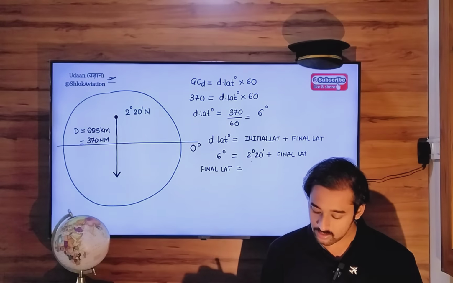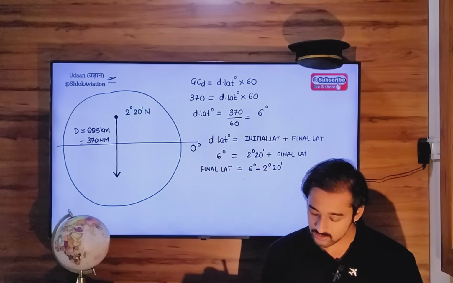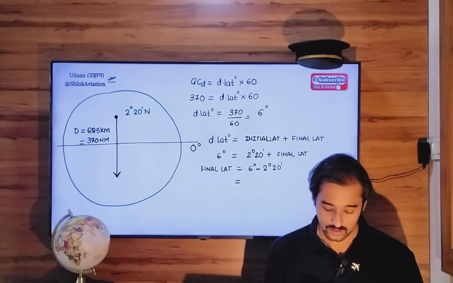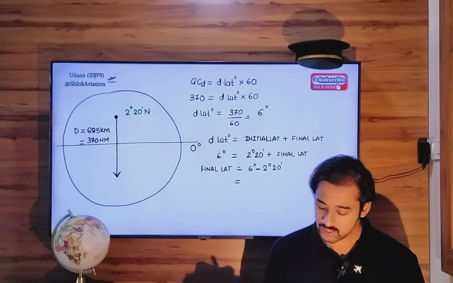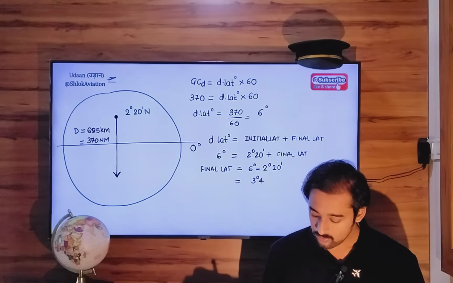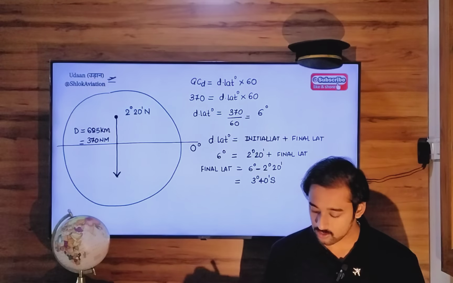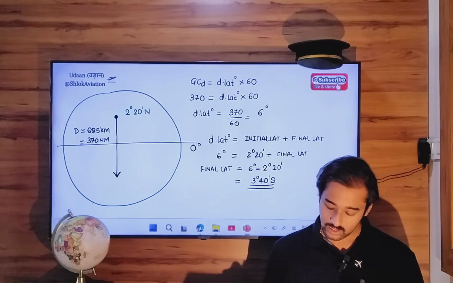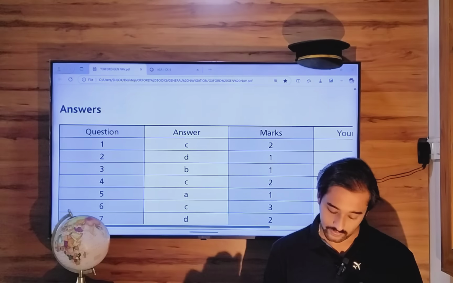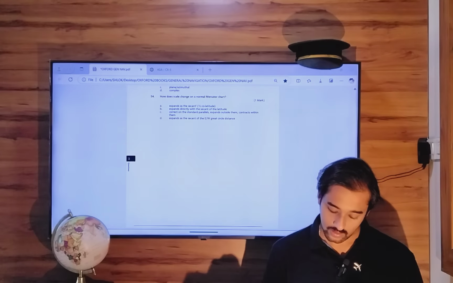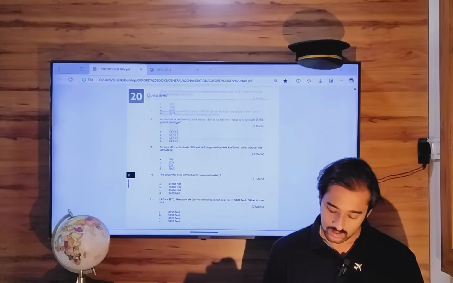6 degree minus 2 degree 20 minutes, which is 3 degree 40 minutes south.